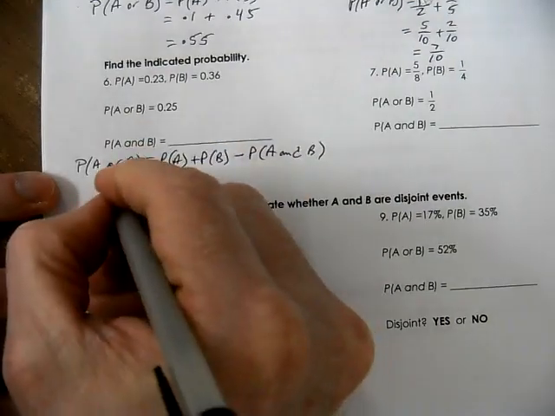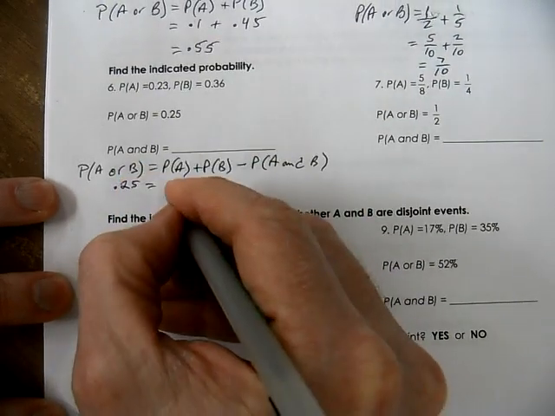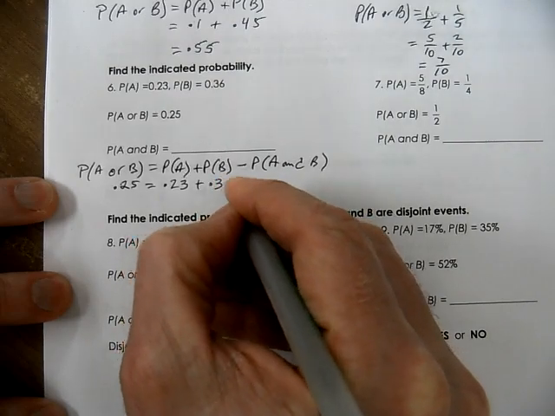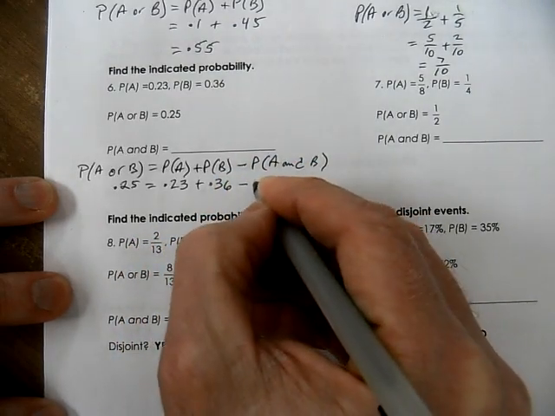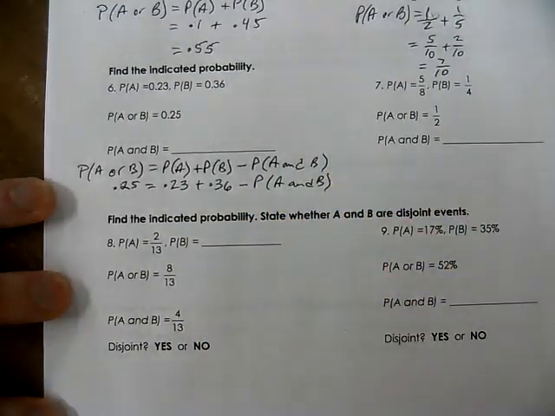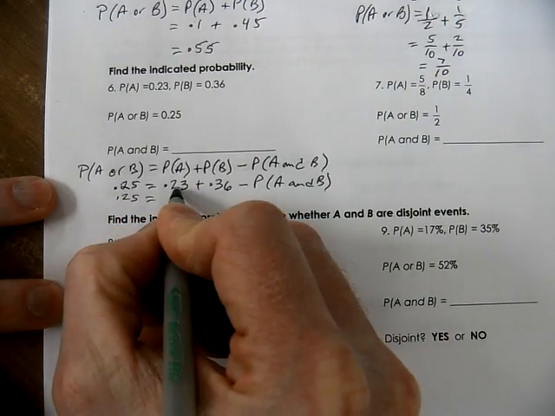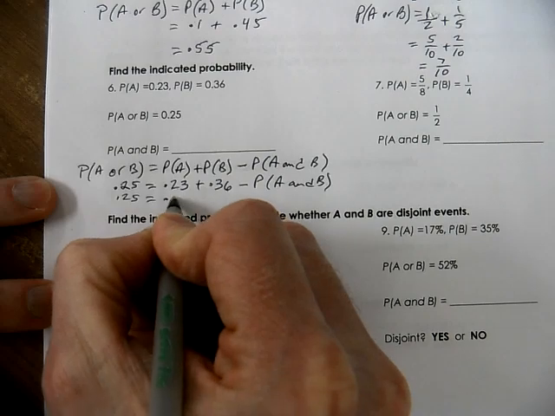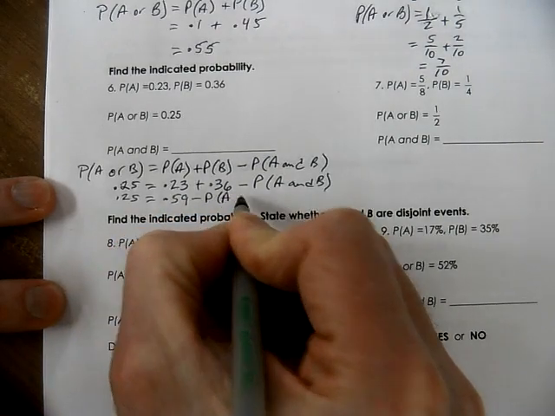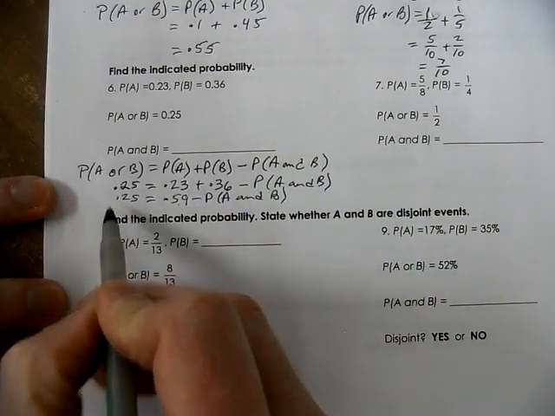So the OR, 0.25, probability of A, B, and we don't know if there's an AND. So 0.25 equals 0.59 minus the probability of A and B. We're going to subtract that across.